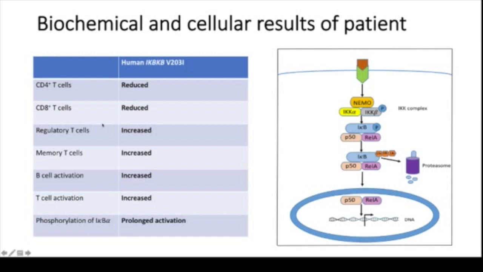And what we identified was that there were differences in CD4 positive, CD8 T cells, regulatory and memory T cells. There was a reduced number of cells in the CD4 and CD8 in the patient compared to healthy, and also an increase in the regulatory T cells and memory T cell compartments.